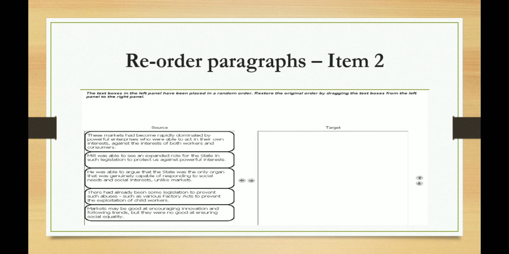The first words of this sentence themselves refer to some other sentence where markets have been discussed. So it means this particular sentence is not your first sentence. Alright, so likewise you have to find which should be the first sentence.